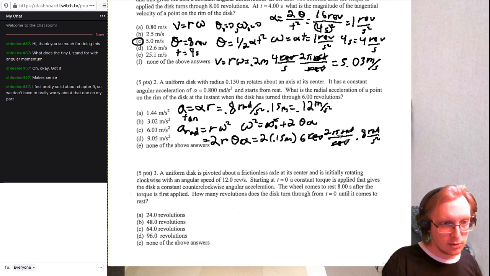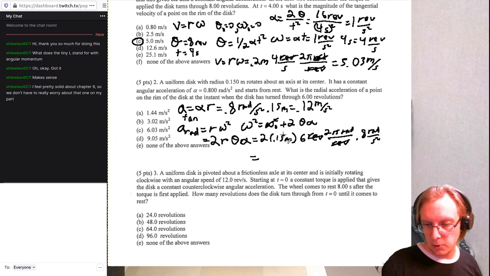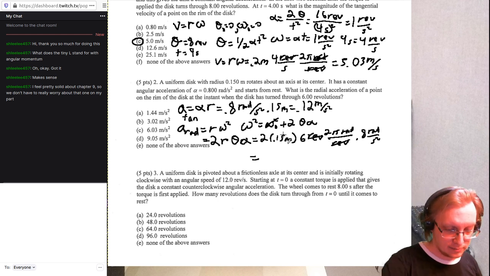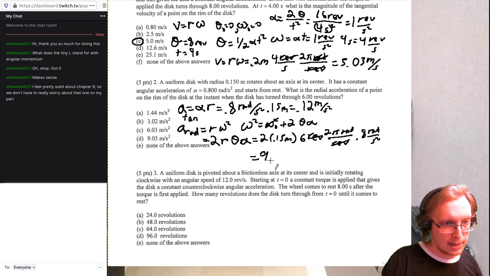That's a radial, don't care about those. Meters per second squared, those are the correct units. What is the answer? 2 times 0.15 times 2 times 6 times pi times 0.8 is 9.05 meters per second squared. Look at that. There it is.